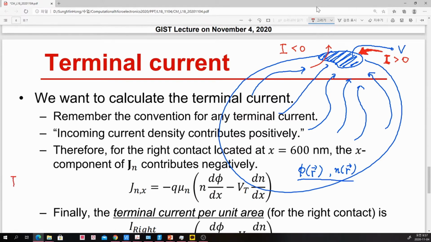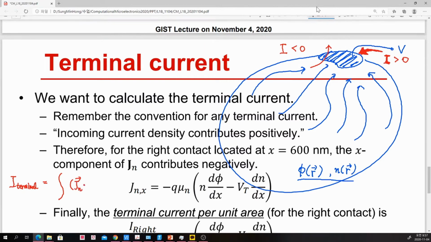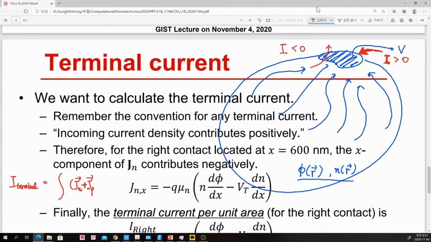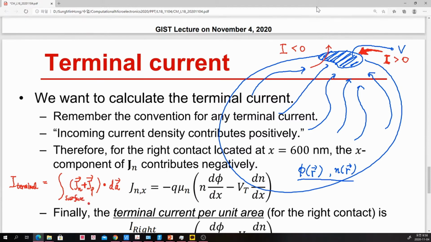Any current at a certain terminal can be expressed as the surface integration of your electron contribution, the electron current density, and hole contribution, the hole current density, the surface integration of these two vectors over the surface of the terminal.